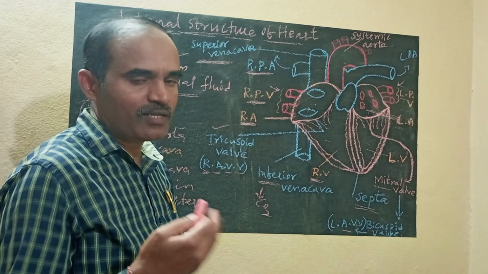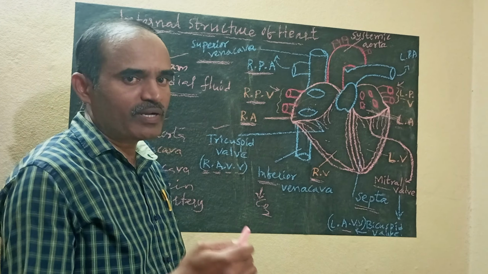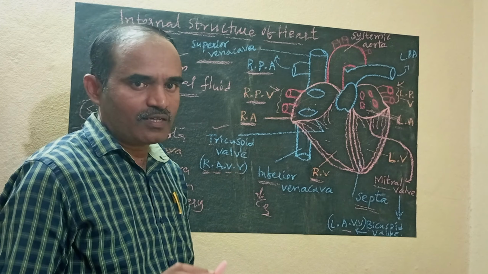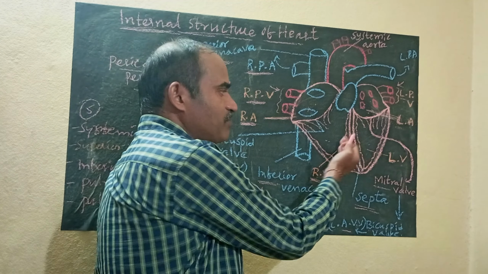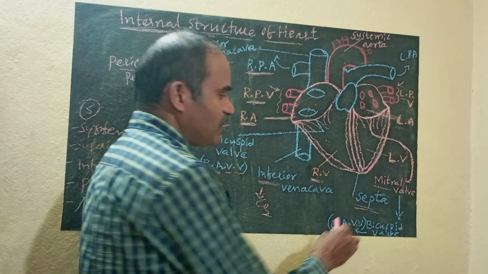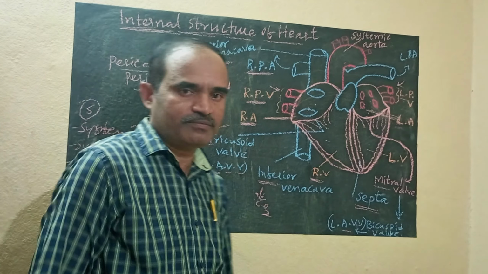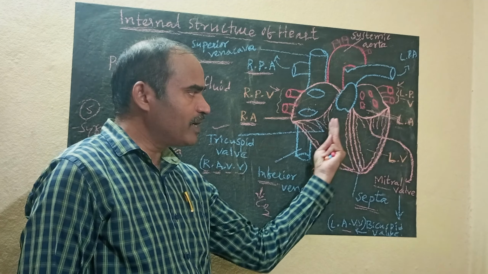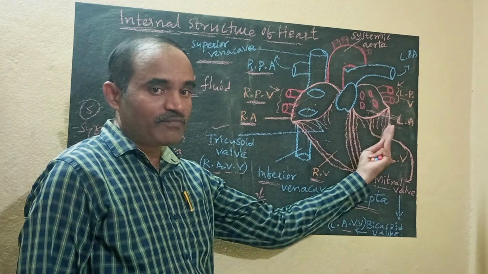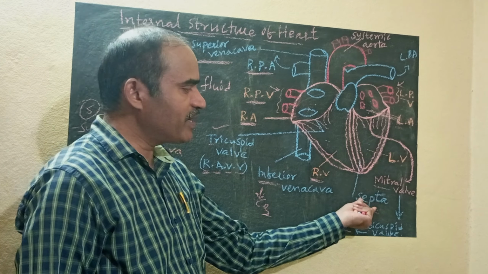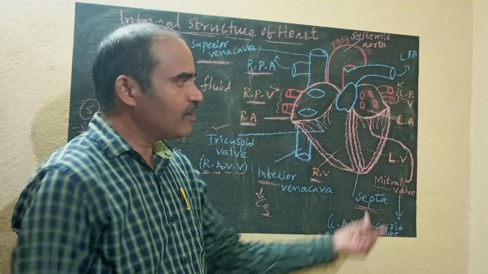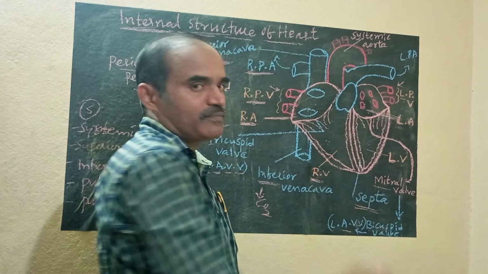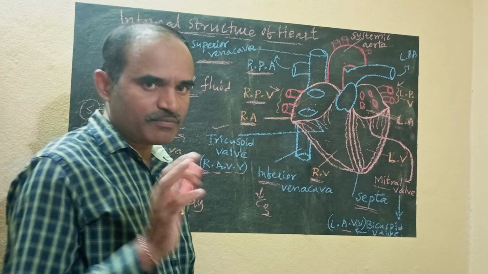Why? Because there is a membrane which prevents the mixing of oxygenated and deoxygenated blood. The membrane is called the septum. The left two chambers and right two chambers are separated by a septum, and the upper and lower chambers are also separated by a septum.